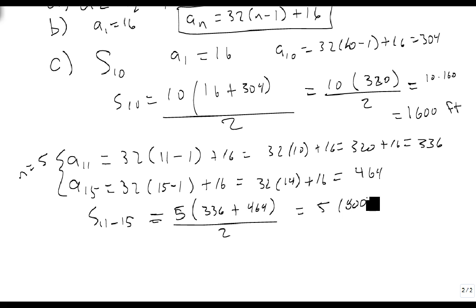So 5 times 800 over 2, which is 800 divided by 2 is 400, and 5 times 400 is 2,000. So in the 11th to 15th seconds, it falls another 2,000 feet. And that's how we can use these arithmetic sequences and their series to solve applied problems.